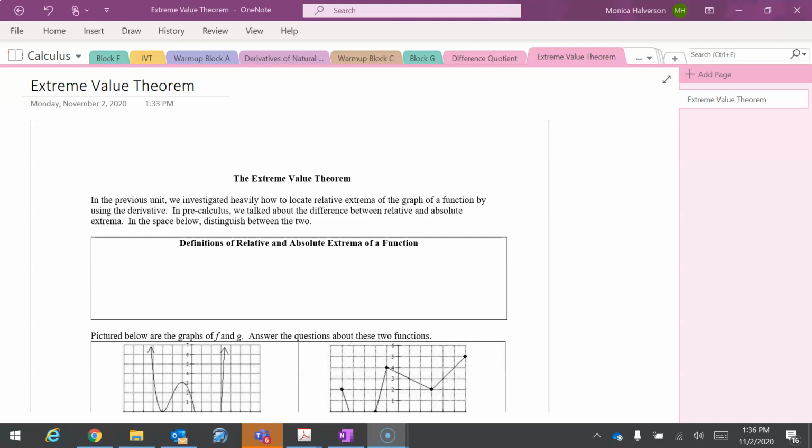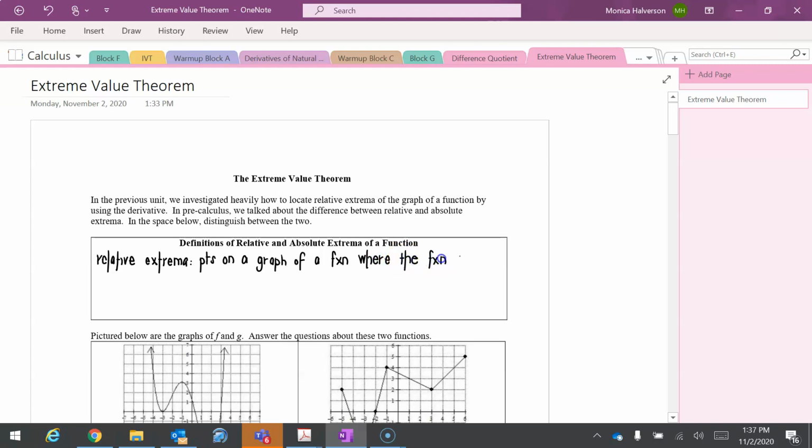So let's first identify that, okay? What's the difference between the two? So the relative extrema are points on a graph of a function where the function changes from increasing to decreasing or vice versa.